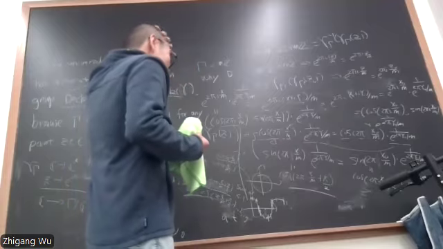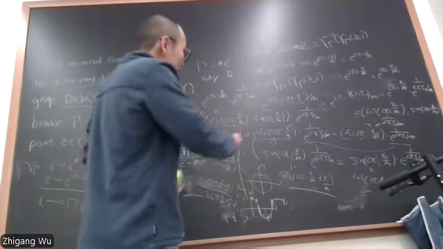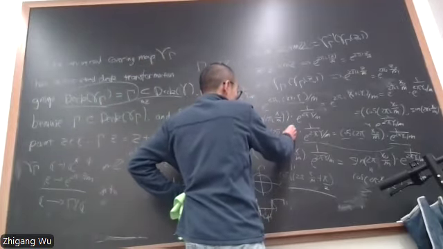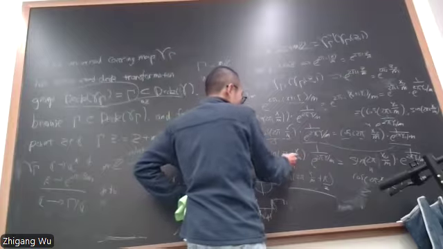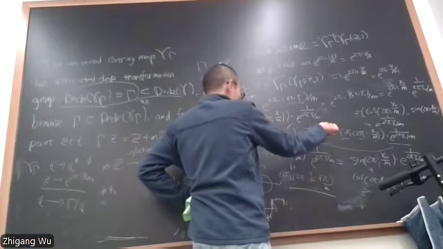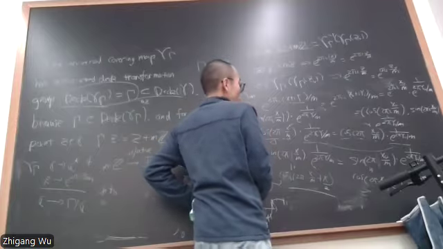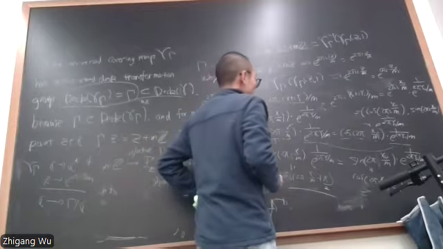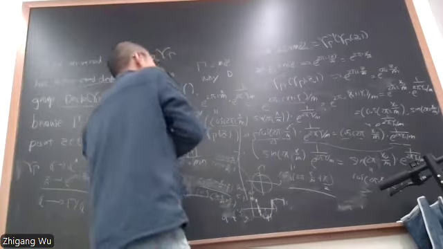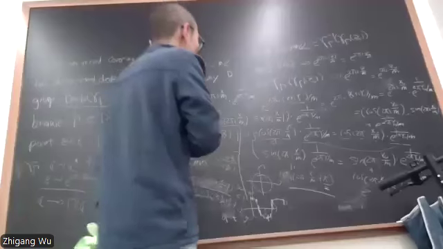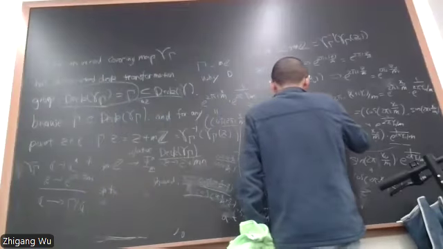I believe there are various methods that allow you to show that these two points x and x naught either are equal or have a difference of 2 pi. Okay, so that shows the argument, I think.